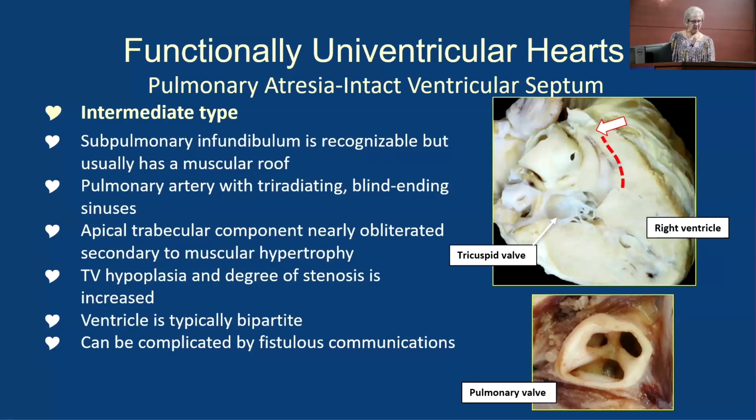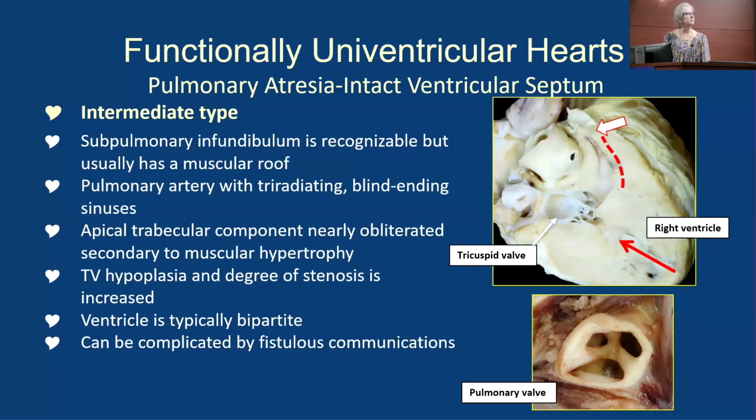The apical trabecular component in this group is obliterated by mural hypertrophy of the apical musculature, and the tricuspid valve has varying degrees of stenosis and even varying degrees of dysplasia. These ventricles are usually bipartite, so they have an inlet and an outlet component that are recognizable.